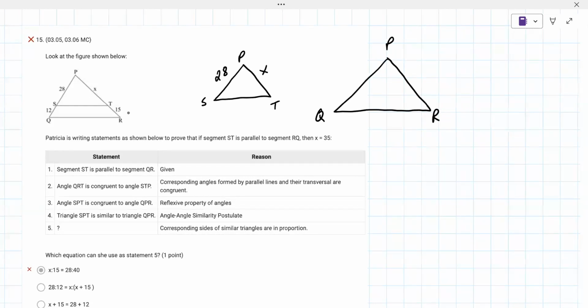And side P to Q is 28 plus 12 or 40. P to R, though, is X plus 15. Okay. So X plus 15 is the missing piece here.